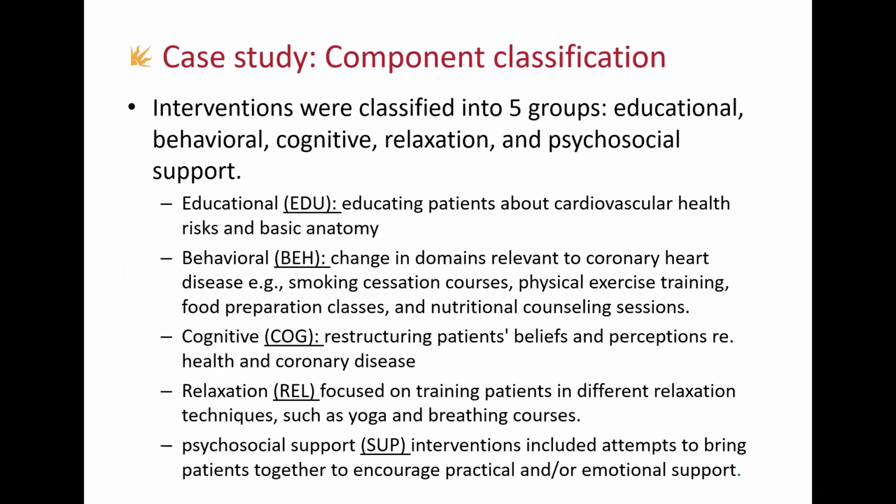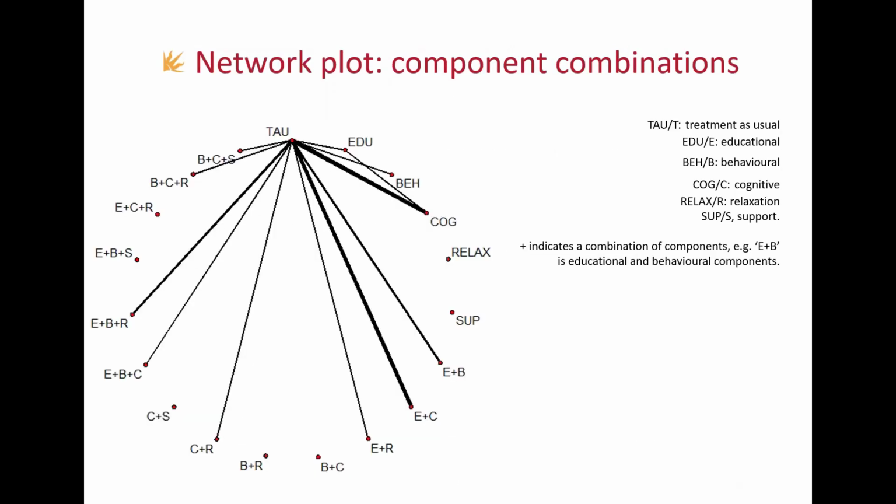That limitation notwithstanding, going back to our case study, we used that qualitative constant comparative approach to identify 5 key components from the published literature. These were educational, behavioural, cognitive, relaxation and supportive components, and they were used as the inputs into the network meta-analysis, which we can visualise as this network plot.